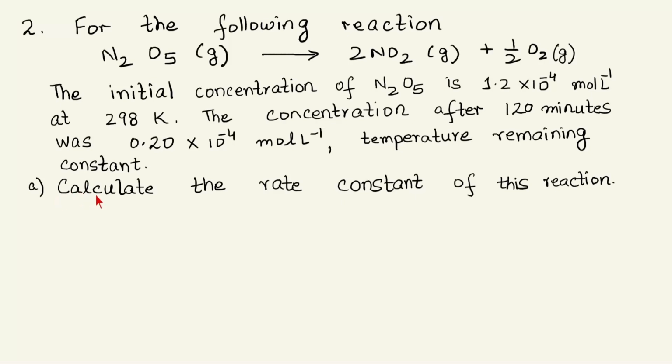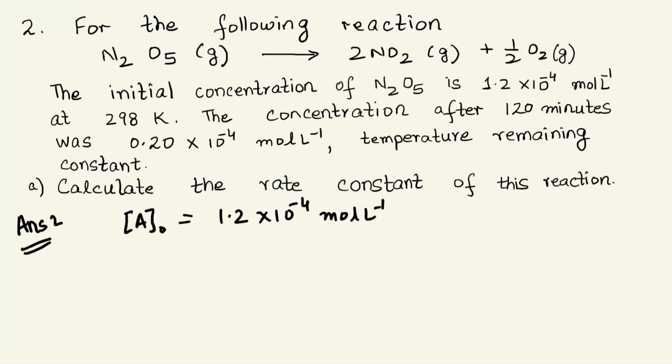So, the first part of the question says calculate the rate constant of this reaction. How are you going to attempt this numerical? I would say, as always, jot down the values, right? Tabulate what is given to you, the initial concentration. That means I have got A0 over here as 1.2 into 10 to the power minus 4 mole per liter.